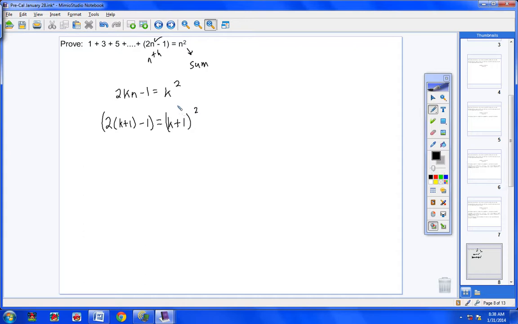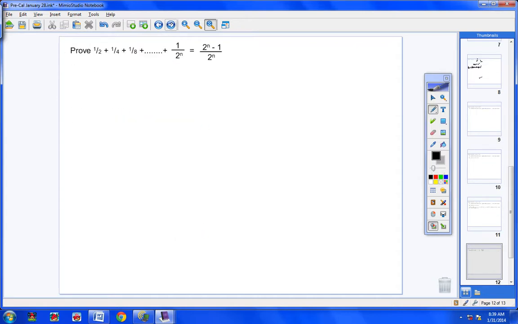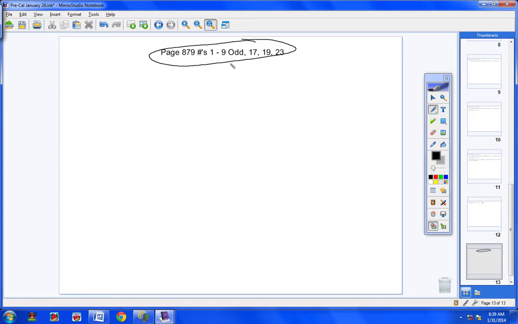And then remember, this (k plus 1) squared is the sum of two terms, so you've got to bring this term down right here, so 2k minus 1. Then you want to simplify both sides, and they should check in the end. So those types of problems will be on your quiz. Just make sure you know how to do all these problems here that you should have already done by now.